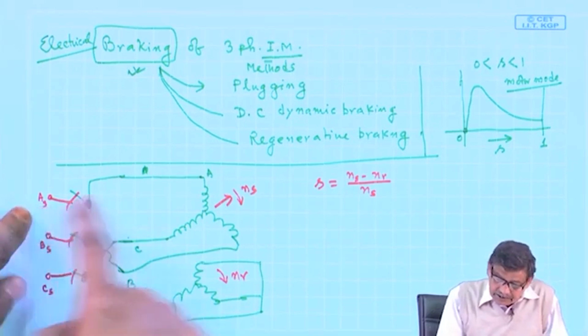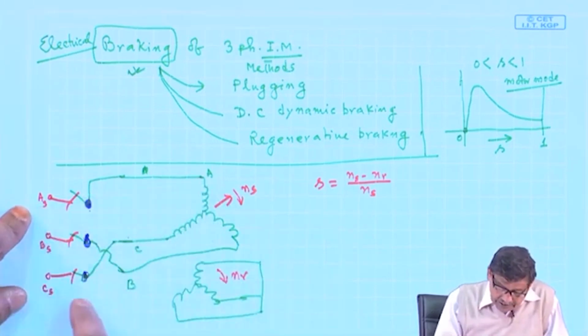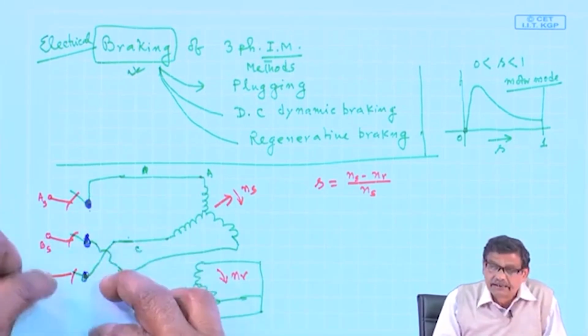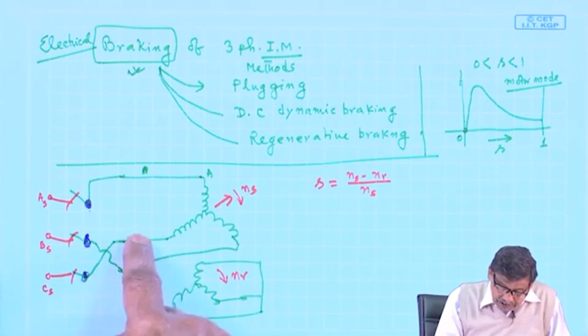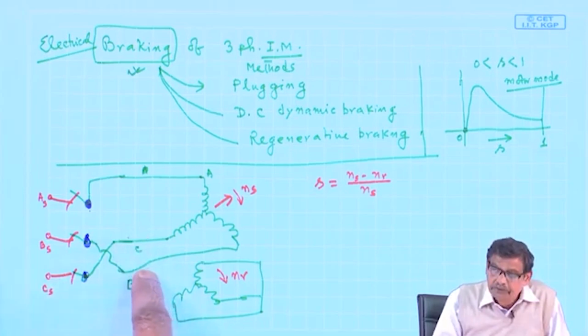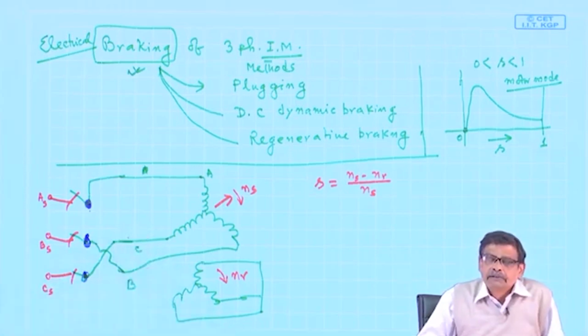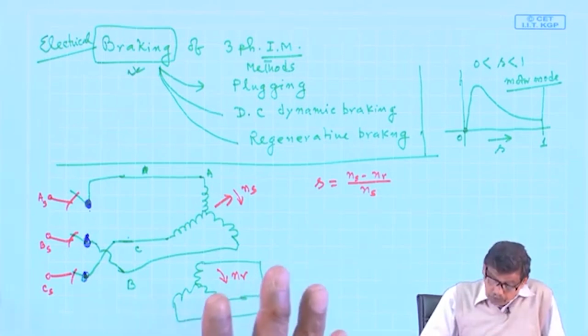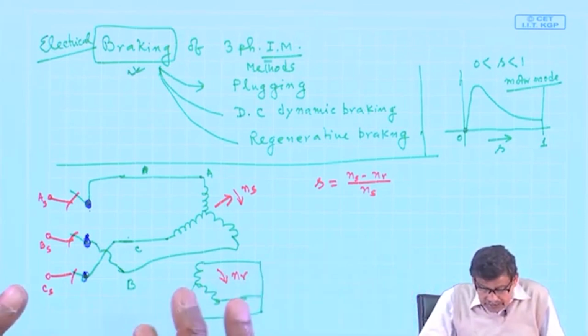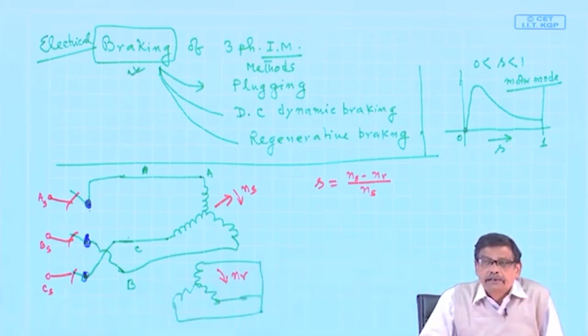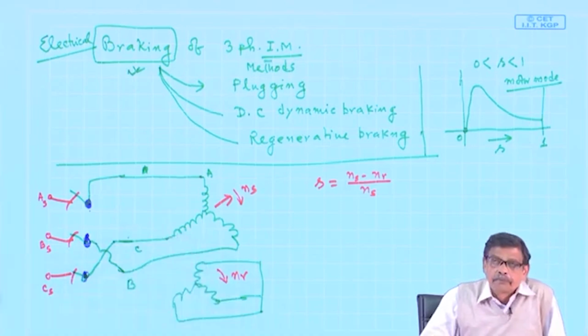That is, supply AS will be AS, but BS and CS I will interchange. BS I will connect to C and CS I will connect to machine B. Then what do you think is going to happen? The motor was running fine, but suddenly I change the supply phase sequence.